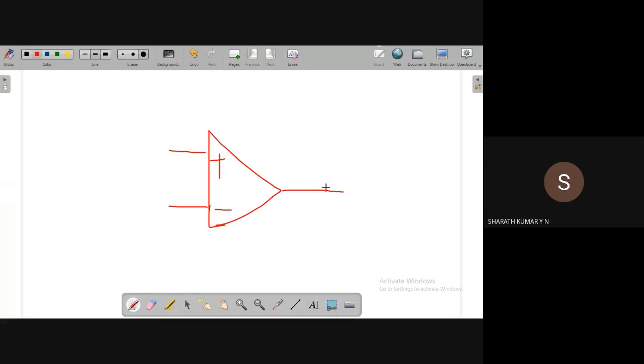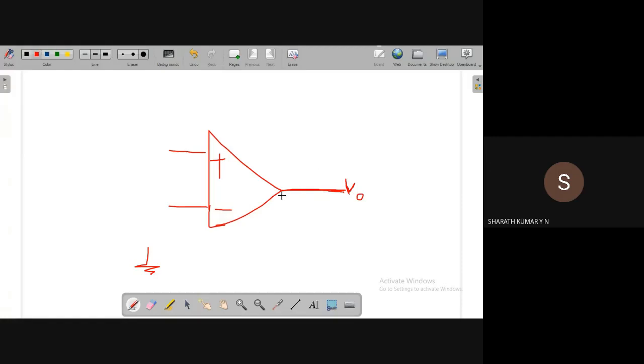If it is open like this, we have to measure output voltage with respect to ground. Let us say somewhere there is a ground. Ideally there is no voltage drop. Why? Because this connecting wire has some resistance.